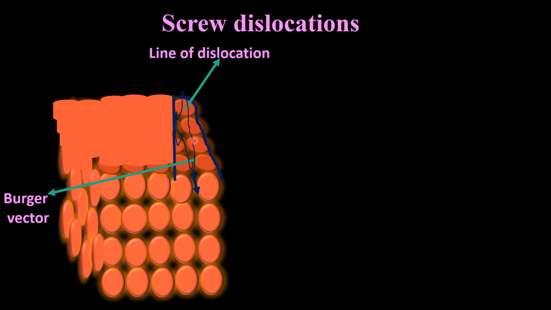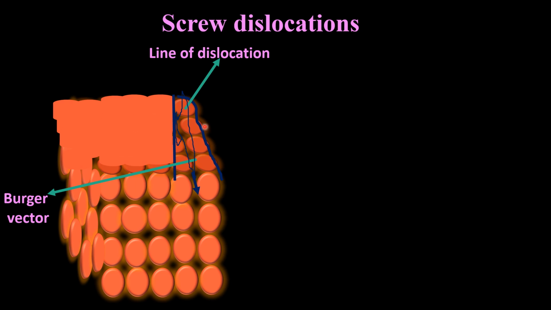The screw dislocation derives its name from the spiral or helical path, or ramp, that is traced around the dislocation line by the atomic planes of atoms.